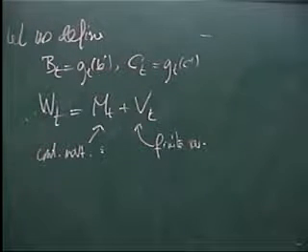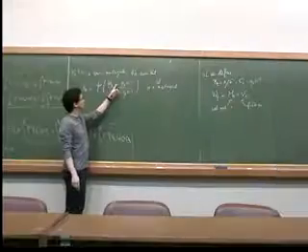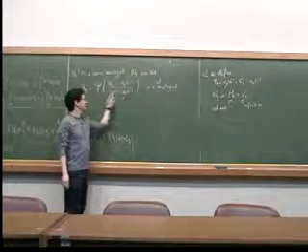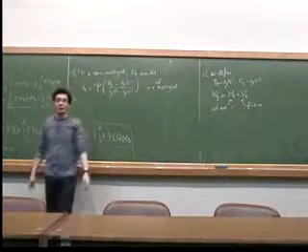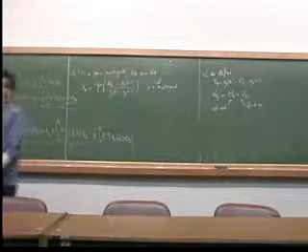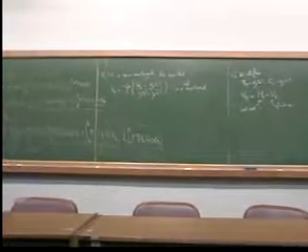So now, Wt minus gt of C prime divided by gt of B prime minus gt of C prime is, again, itself a semi-martingale.